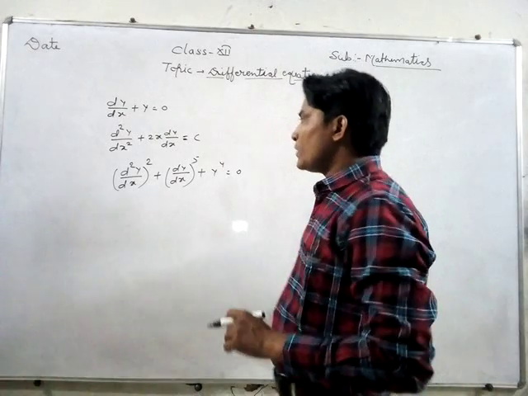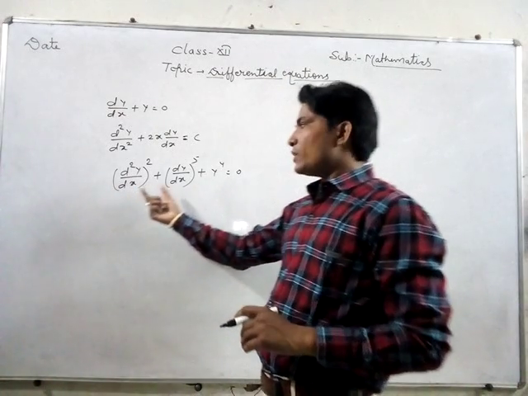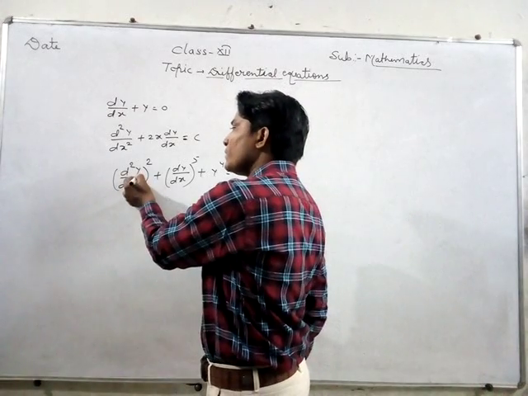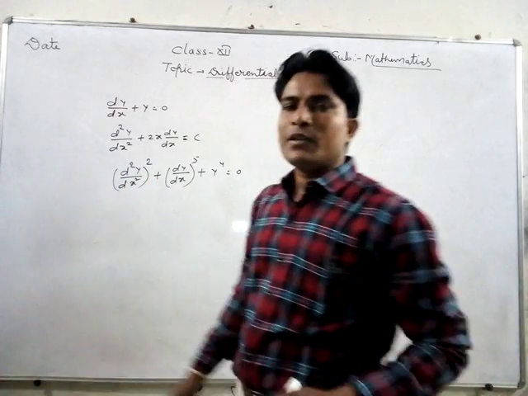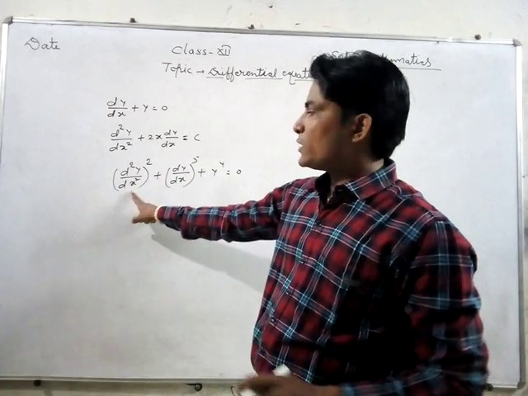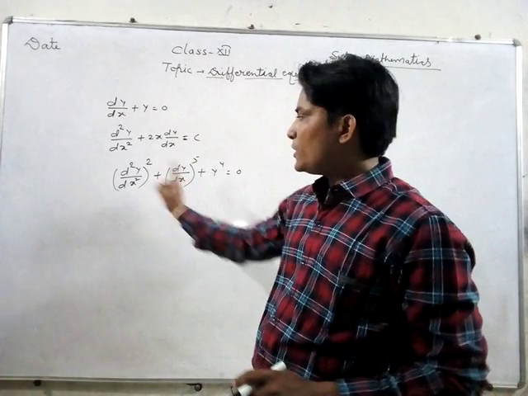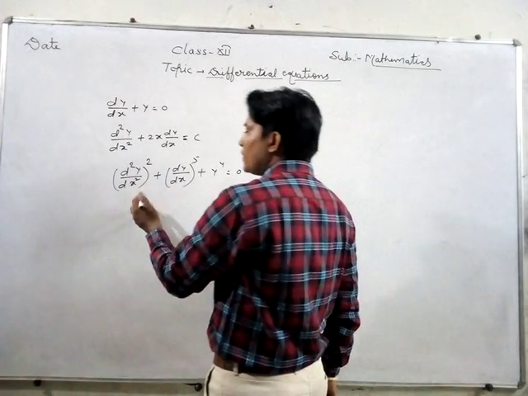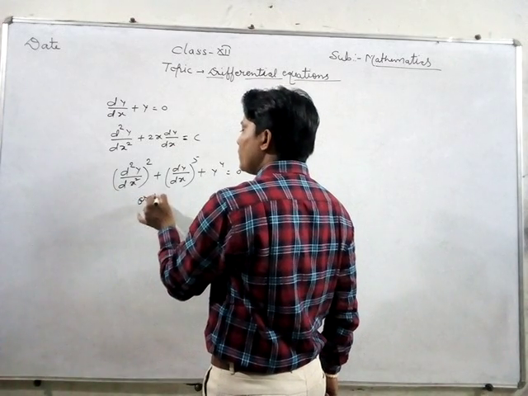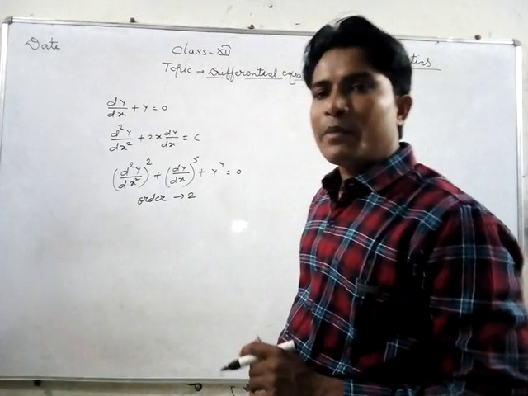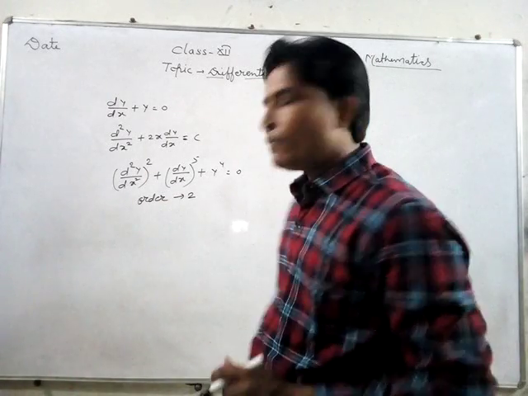First of all, you clearly see what the order is. That means, what is the maximum number of times it is differentiated? Here there is a first derivative and a second derivative. So what is the order? The order of this differential equation is 2, because y is differentiated 2 times.